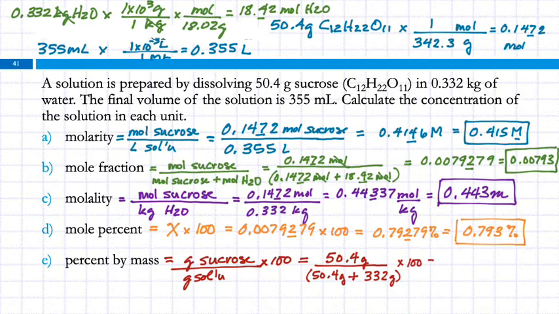You could write that out: 50.4 divided by, open parentheses, 50.4 plus 332, close parentheses, times 100. 13.1799%, 3 sig figs, 13.2%.